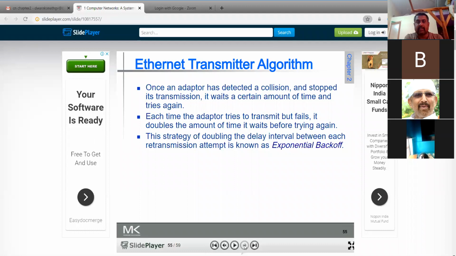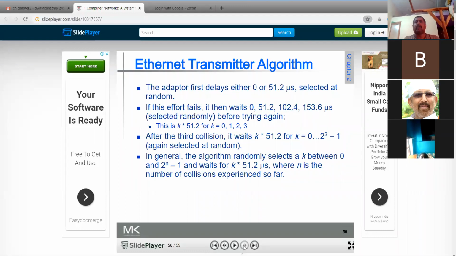Coming to the next slide. Now, the adapter first delays either 0 microseconds or 51.2 microseconds, selected at random. So the first time, assume a collision occurs, then 51.2 microseconds it will wait.